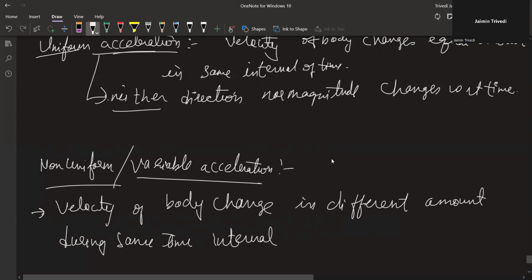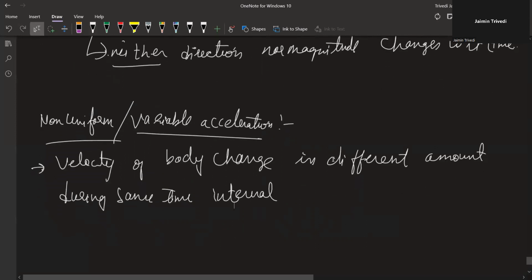Same thing I'm writing from the above. So we can say it is non-uniform acceleration or variable acceleration.